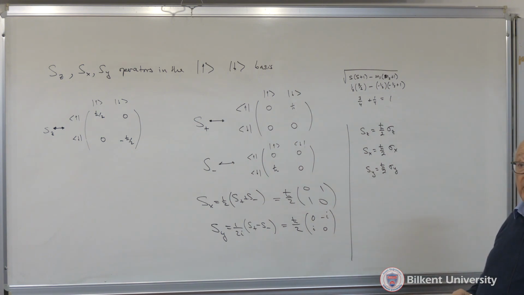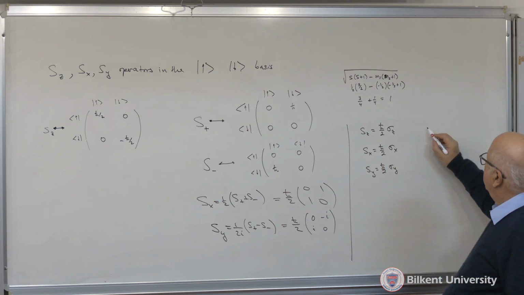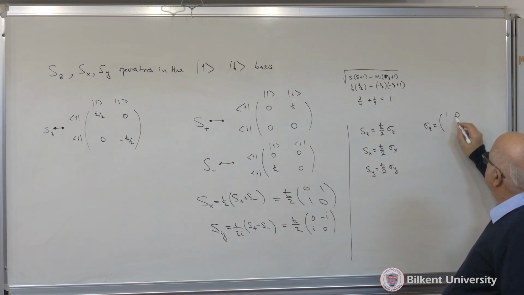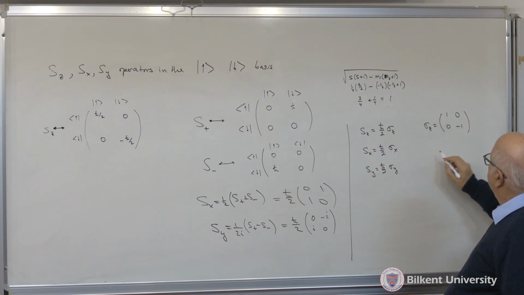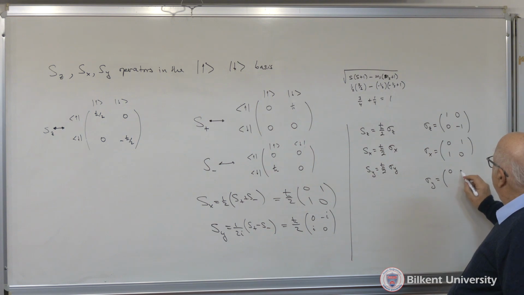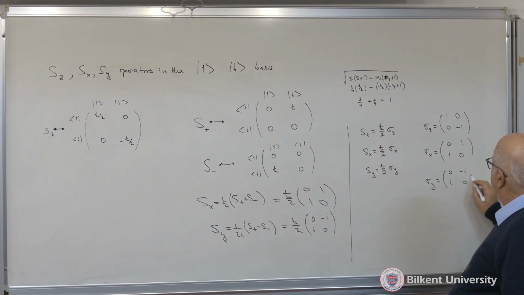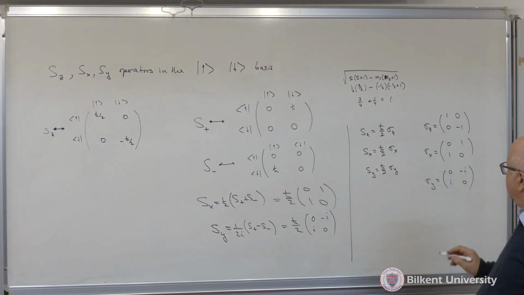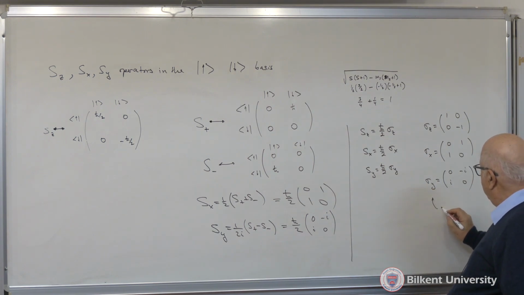Sigmas represent matrices, right? In fact, let's write them down. So sigma z is 1, 0, 0, minus 1. Sigma x is 0, 1, 1, 0. And sigma y is 0, minus i, i, 0. These things are called the Pauli spin matrices.